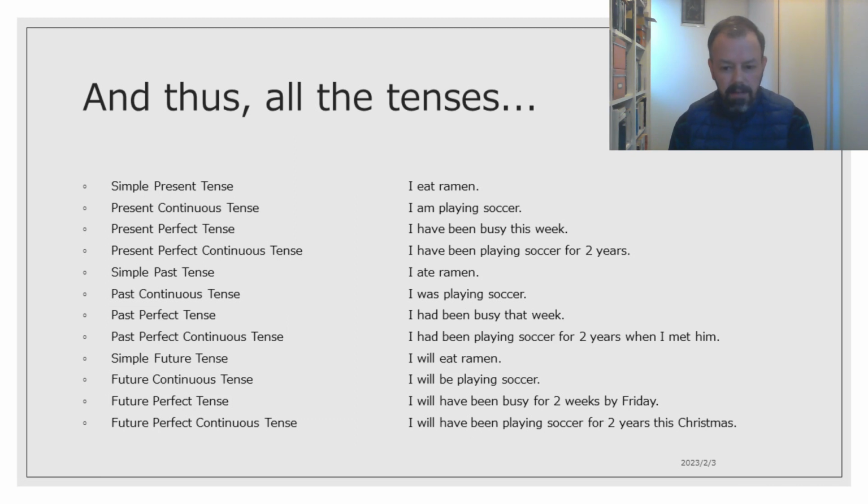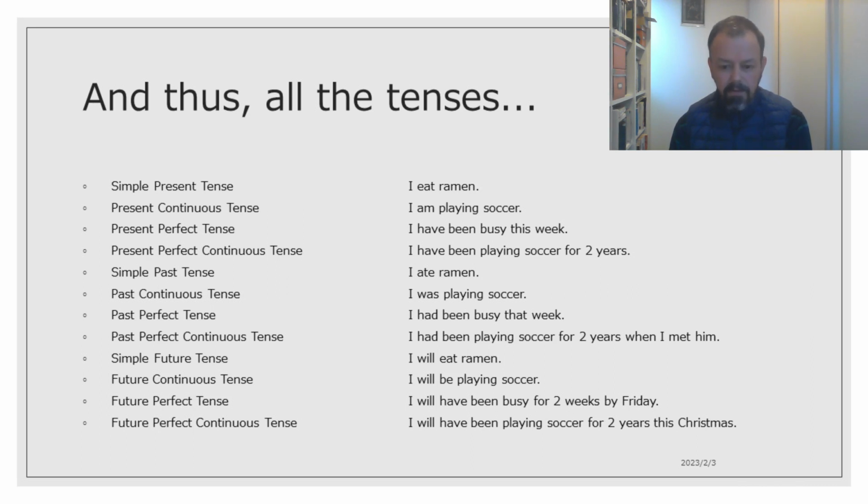I was playing soccer. The past perfect tense, again, is very similar to the present perfect tense, but it's describing a period in the past, not in the present. So I had been busy that week.